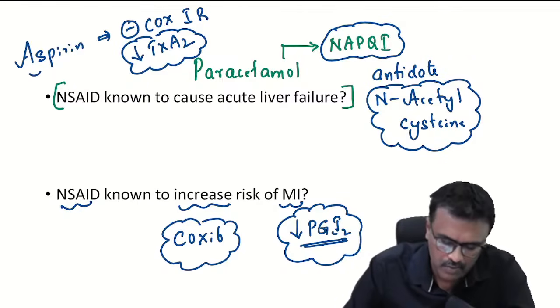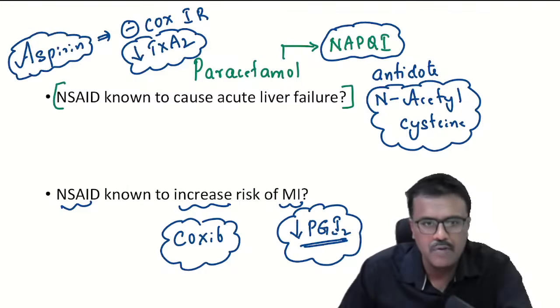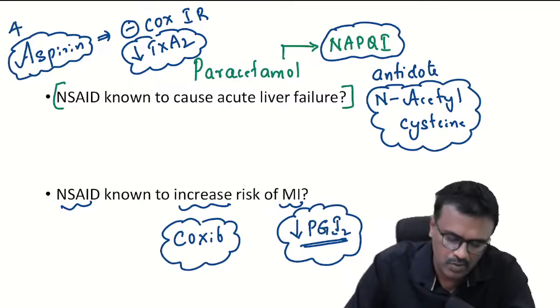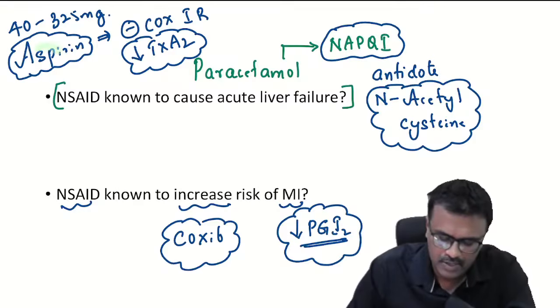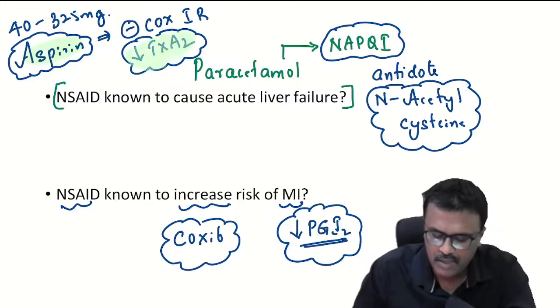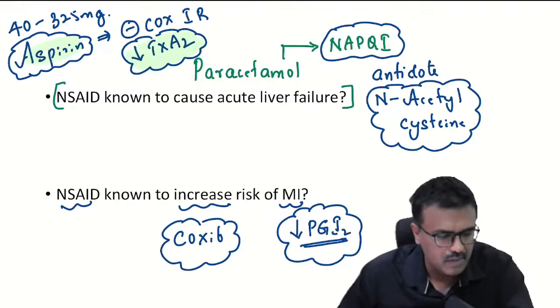And with aspirin, we use a low dose, not a high dose. The dose can range from 40 to 325 milligram. Yes, Kaustub, Toludin, Rama, correct.